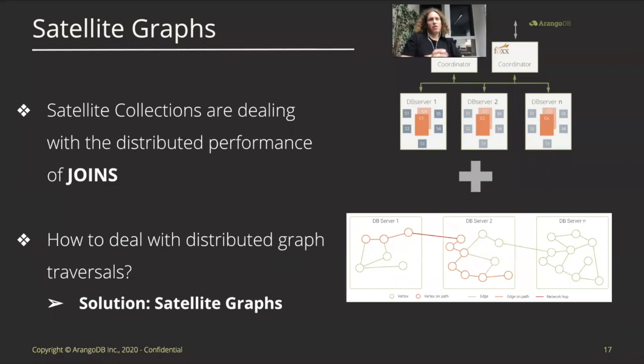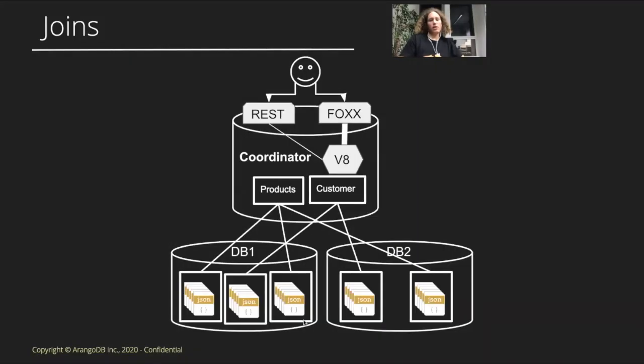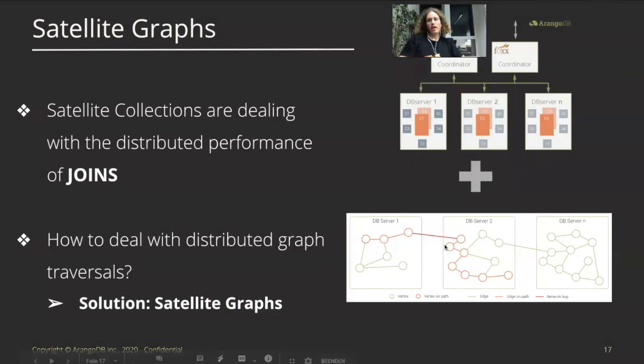So your customer base or your keys are a small collection, but then you have a lot of orders which need to be sharded across multiple servers. The idea of satellite collections is that we replicate the small data set across all servers. Hopefully this is a data set which doesn't get updated too often, but then we can execute all those joins on a single node. We don't need the network traffic in between because we have a certain set replicated.